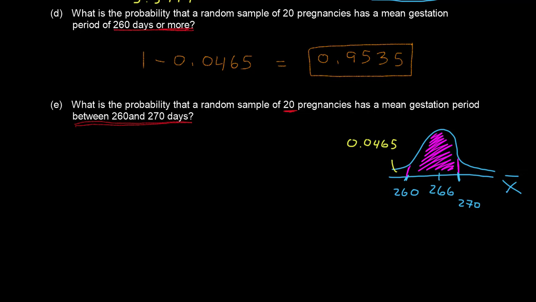So we're going to need to do the z-score for 270, subtract the mean. Because this is still applied to the sampling distribution, I'm going to divide by that 3.5777 from earlier.